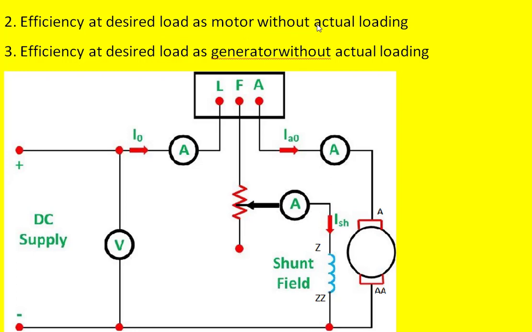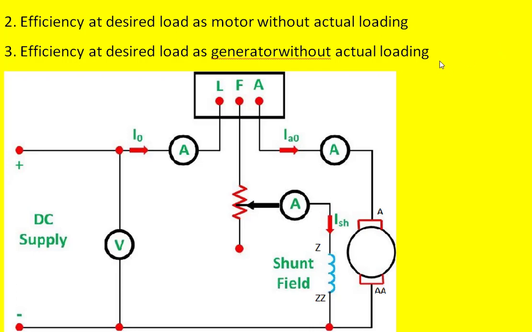This is totally calculation. We are not actually loading the motor, we are just doing calculations. Similarly, we have seen how the generator efficiency can be calculated at different loads, that is at half full load and full load, without actually connecting the load to the DC generator.